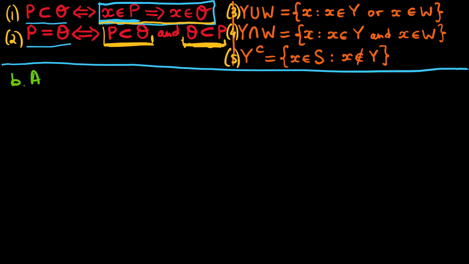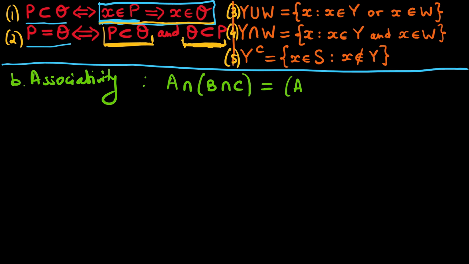So for associativity, we want to show that, let's do the intersection now because we just did union, A intersection with B intersection C, we want to show that that's equal to A intersection B intersection C.